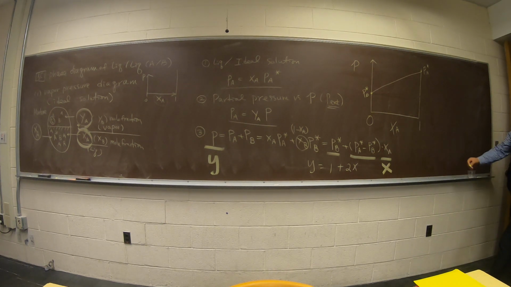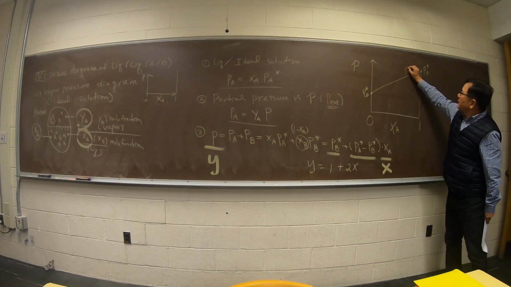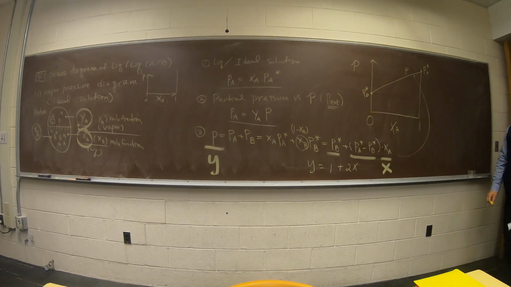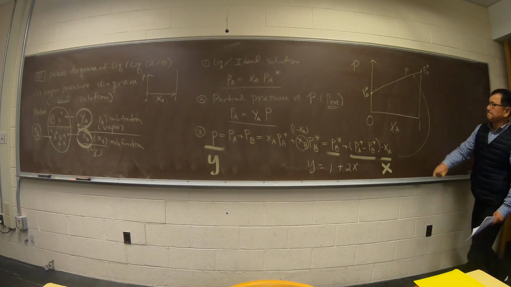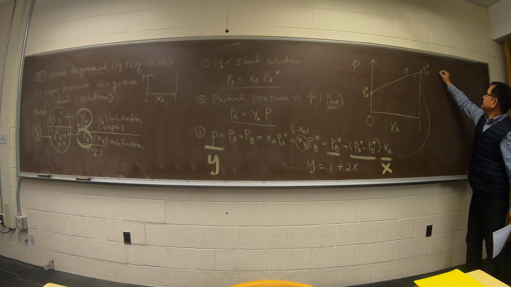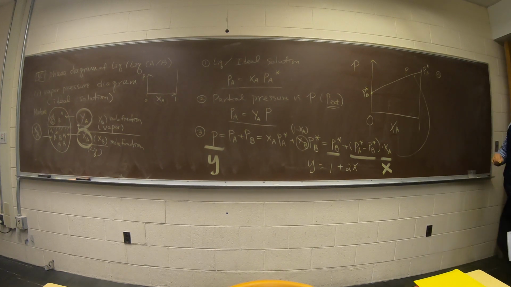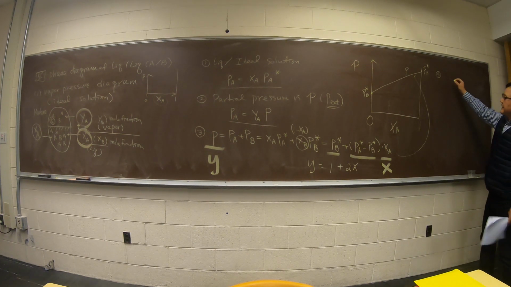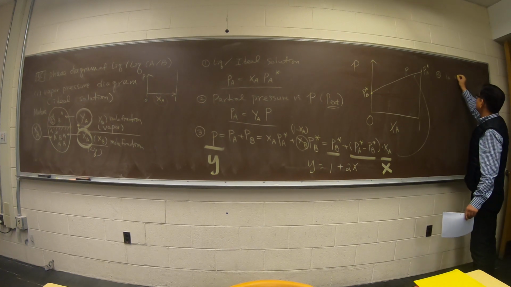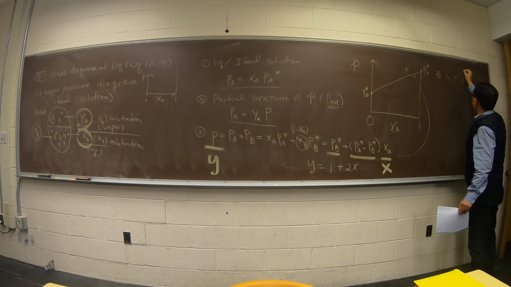So I have the equation for the total pressure, which we've been talking about before, but now I do have an equation for that. And now, I want to know the relationship between XA versus YA.